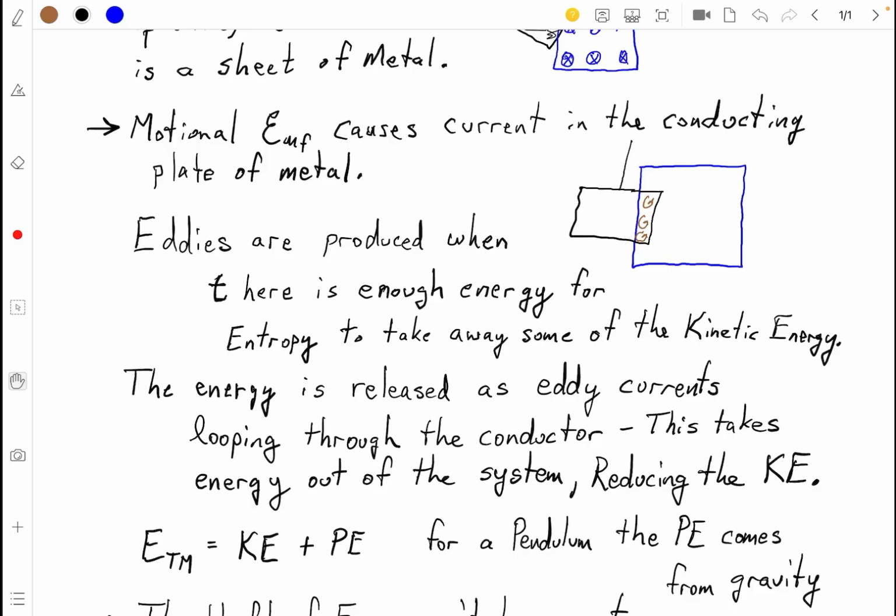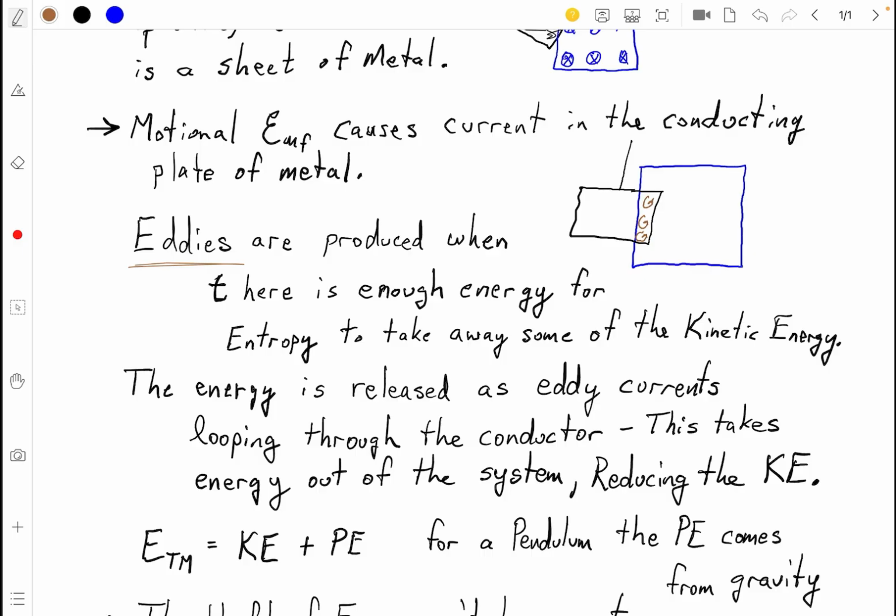We call those currents eddies, and eddies are just like you think they are. It's the same as when you see a creek or a river and there are whirlpools in the river. Those are called eddies because they swirl around. Well, the current swirls around inside the plate.